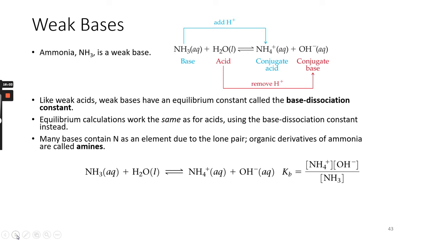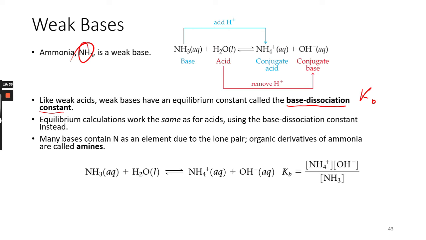So here's an example of a weak base, probably the most famous one, ammonia. You have ammonia plus water making NH4 plus, ammonium, plus OH minus. And going back to our Bronsted-Lowry, you have your base with its conjugate acid, and your acid with its conjugate base. So like weak acids, weak bases have an equilibrium constant called the base dissociation constant, and that is Kb.